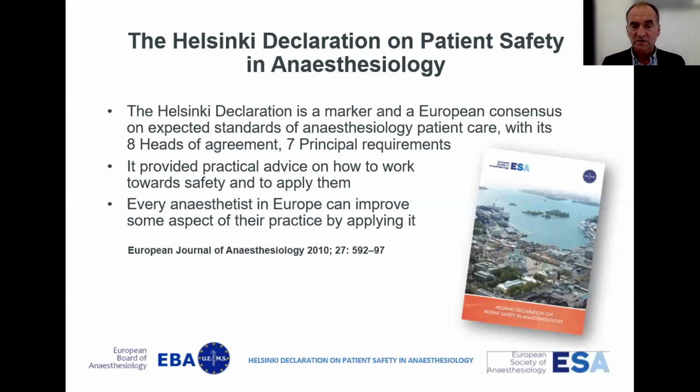It consists of 8 heads of agreement and 7 principal requirements. And it provides practical advice on what to do to try to improve patient safety and how to do it. And every anesthetist in Europe is able to improve some aspects of our practice by applying the principles from the Helsinki Declaration.